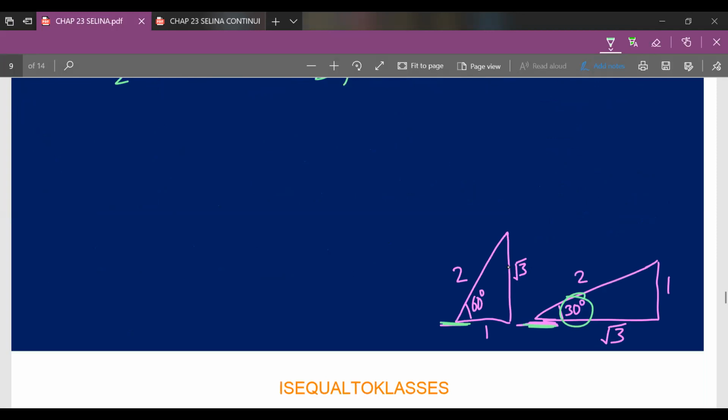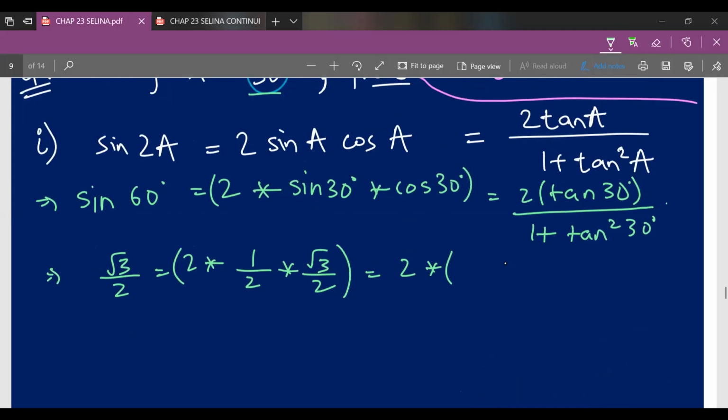So tan 30 degrees means perpendicular upon base, 1 upon root 3 will be our answer, whole divided by 1 plus tan square 30 degrees. Earlier also I've said that tan square 30 degrees means tan 30 into tan 30 degrees.